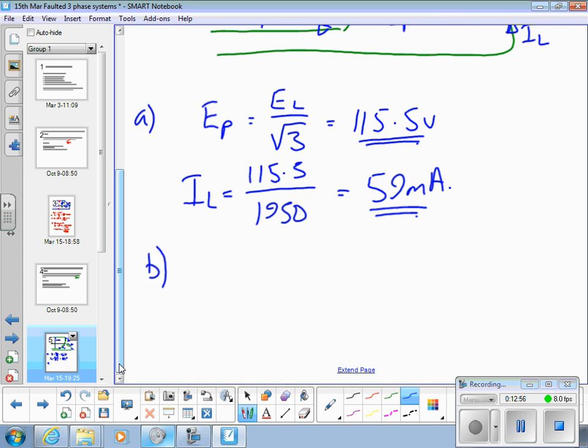Next bit, power. S equals 3 times E times IL.